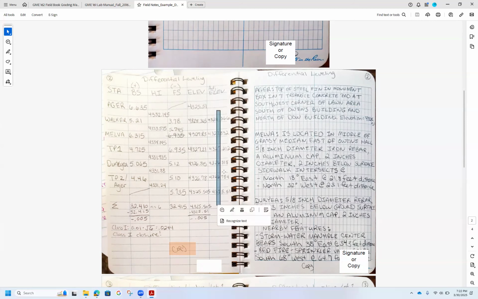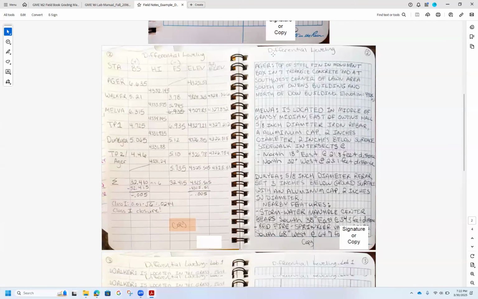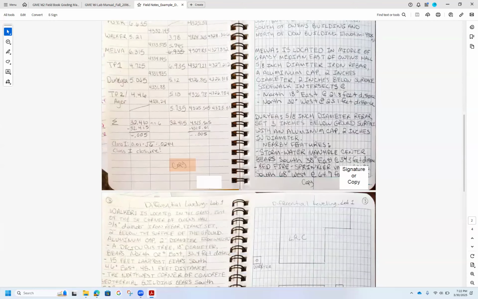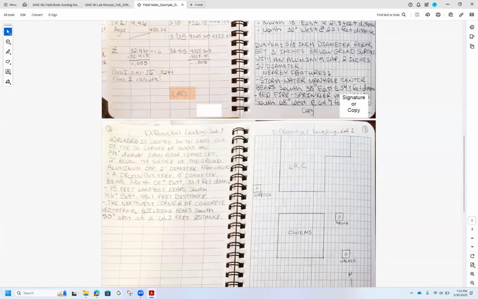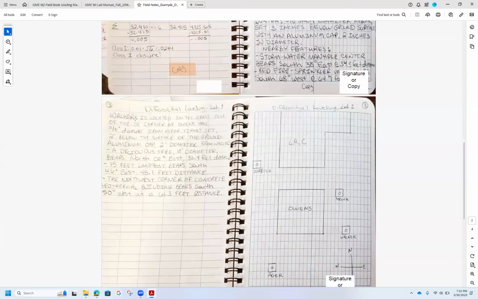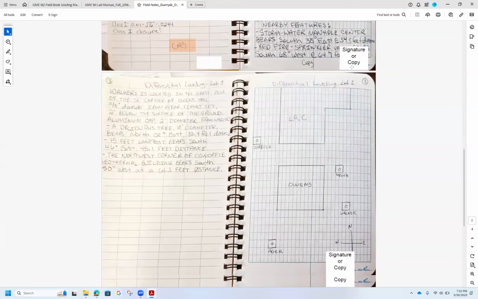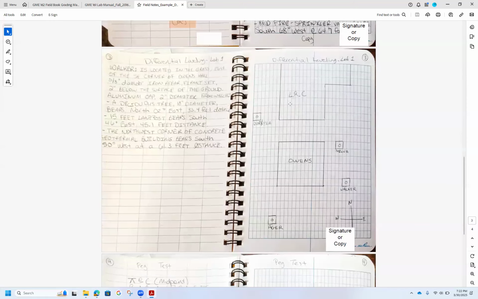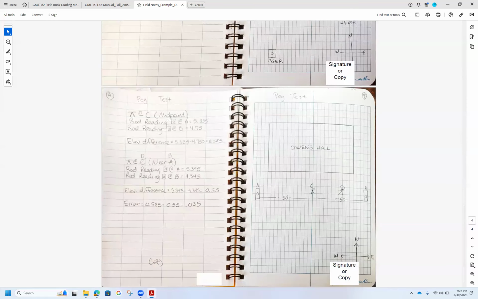The next thing they did was put in descriptions of their monuments, and some other standby features. Then they put other descriptions on page 3, and these are their sketches. As you can see, they continued on.